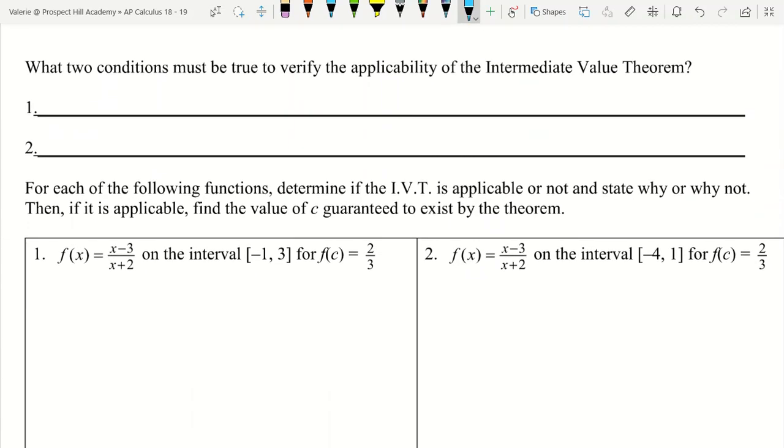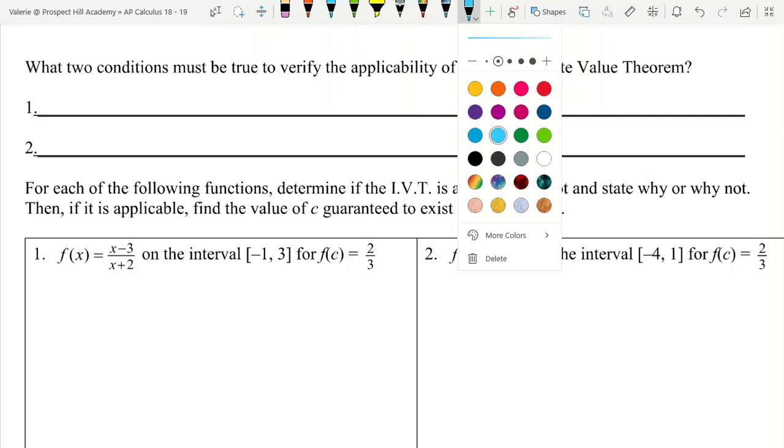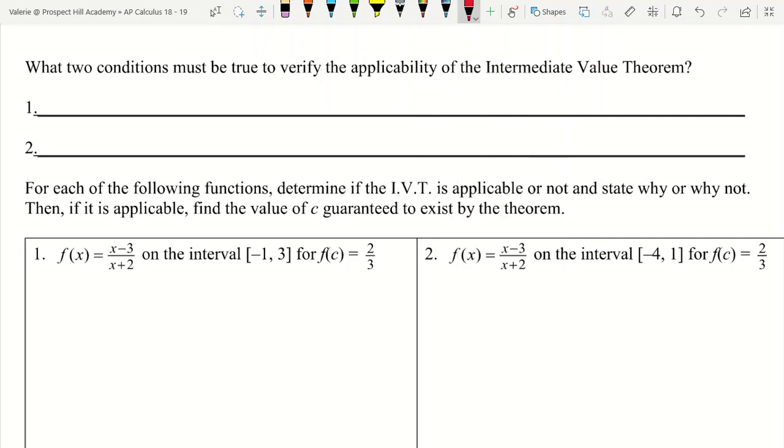So next page, what conditions must be true to verify that we can use the intermediate value theorem? The first condition is that f of x must be continuous on [a, b].